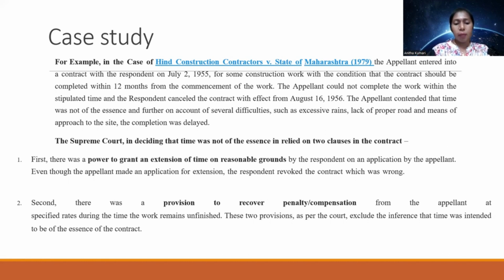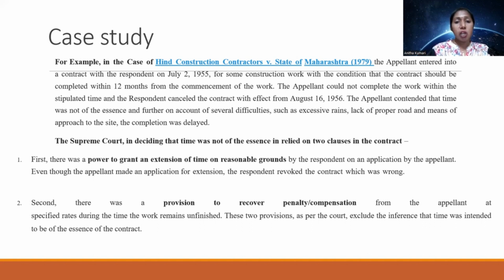Because the customer gave only 1 year for the construction work, but within a year he could not complete the work, due to a lot of reasons like excessive rain, lack of proper road and means of approach to the site, and completion was delayed.